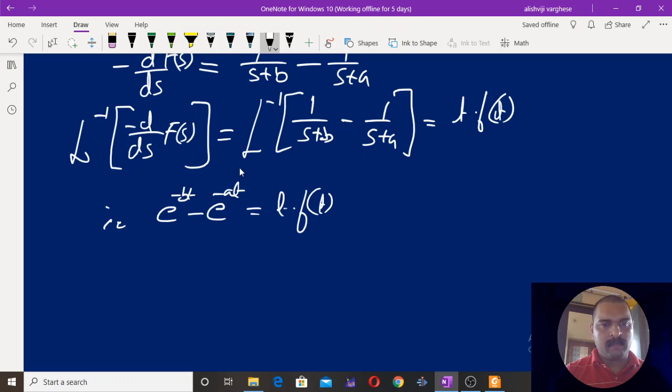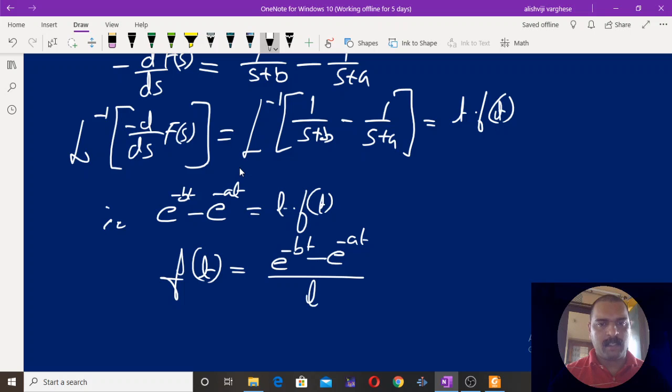And what we are looking for is the value of f of t, and f of t is (e raised to minus bt minus e raised to minus at) divided by t. So this is how we can find the inverse Laplace transform of logarithm of (s plus a) divided by (s plus b) using a simple trick.